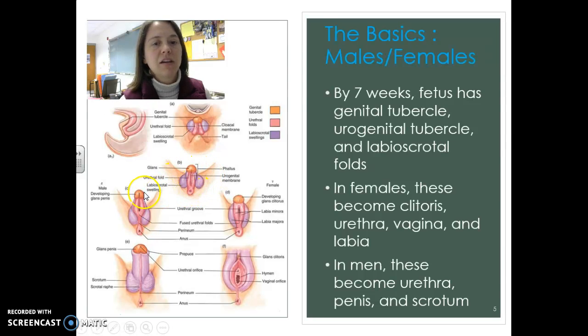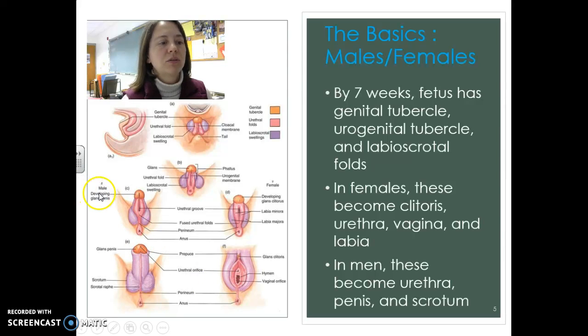Then the genital tubercle would become the clitoris in females, and the urogenital tubercle would become the urethra and the vagina in females, and then the labioscrotal folds would become the labia majora and the labia minora.